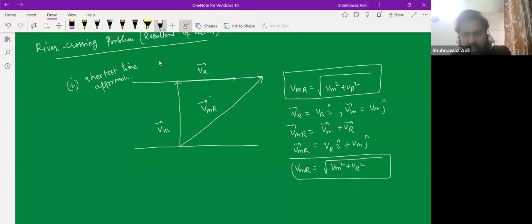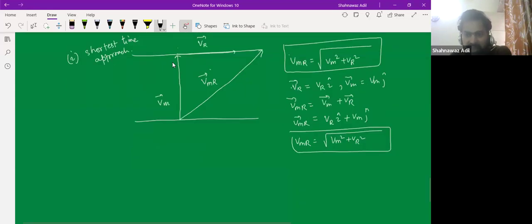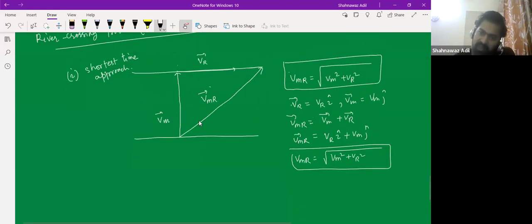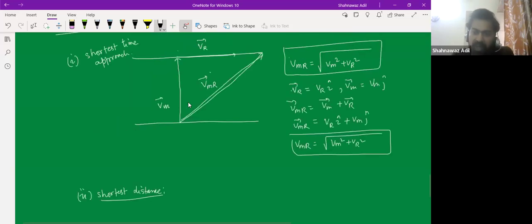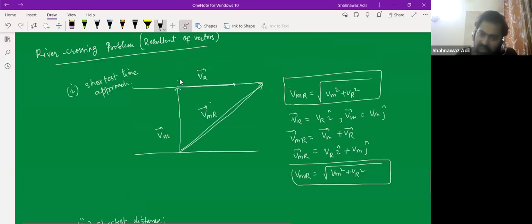But you want to cover the shortest distance, right? This is the distance that you are covering. So you want to cover the shortest distance. Before I call it the shortest distance, this is called the drift.